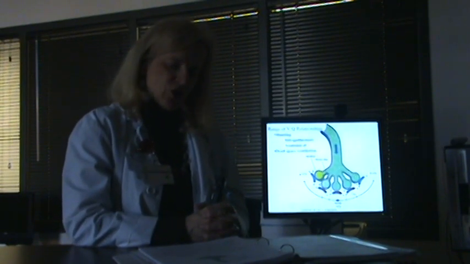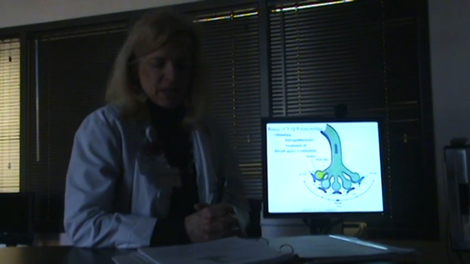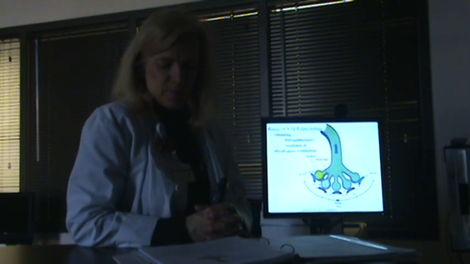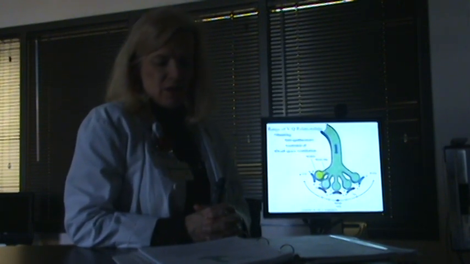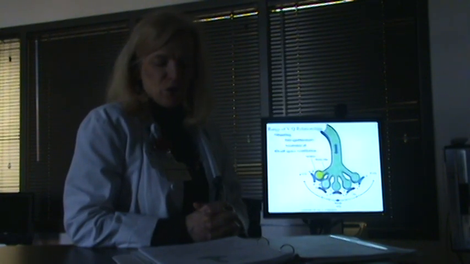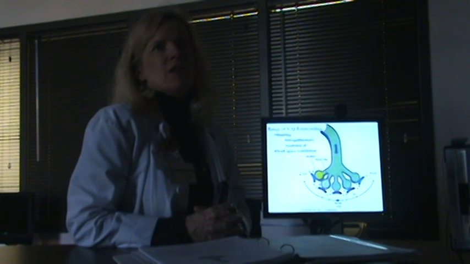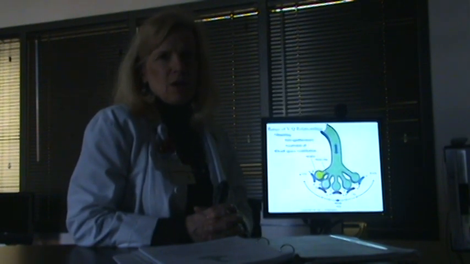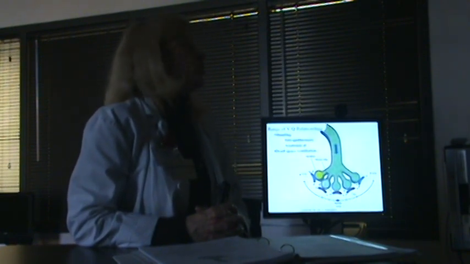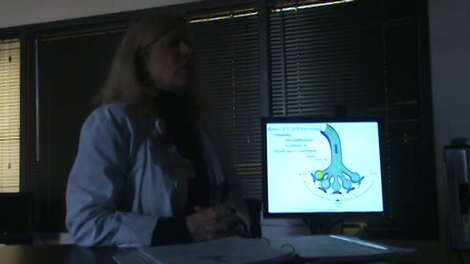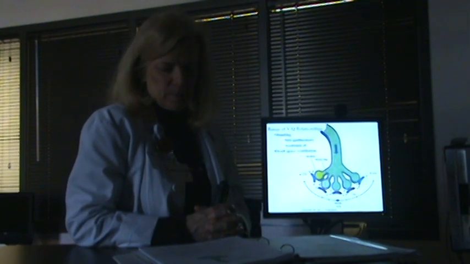In an anatomical shunt, the best examples I can give you are babies with heart defects. They have anatomical shunts where the blood passes through a channel and doesn't go to the lungs. An example would be a VSD, a ventricular septal defect, where the blood goes from the right ventricle to the left ventricle and never goes to the lung. That's an anatomical shunt. When we're talking about VQ relationships in respiratory failure, we're talking about pulmonary shunts.